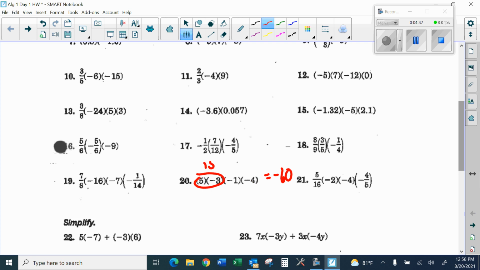I got 15 there times 4. A lot of you can't do 15 times 4 in your head, but you can easily do 20 times 3. So you want to be smart when you multiply your numbers together. Find patterns that can give you a nice number to multiply by. Okay, that same idea would be on 21.